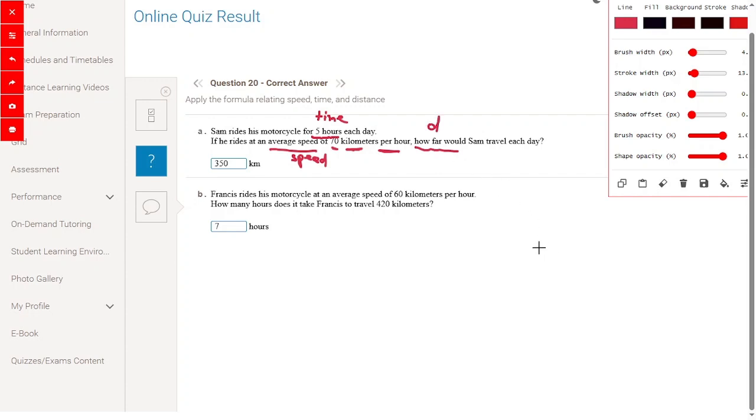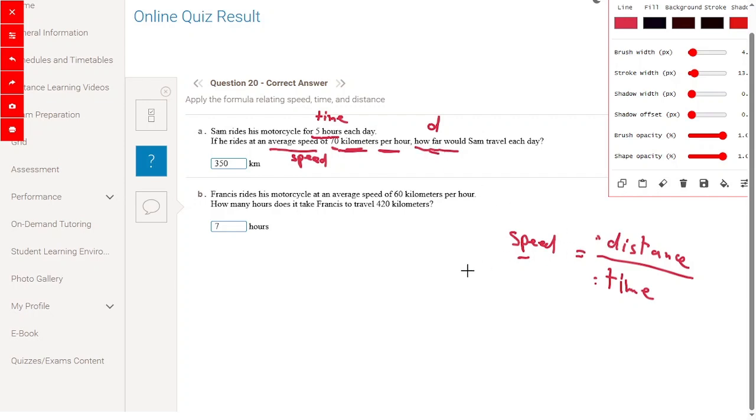Now, the speed equation says speed equals distance over time. Here we have an average speed of 70 kilometers per hour, which is distance per time. Now you need to know the distance.